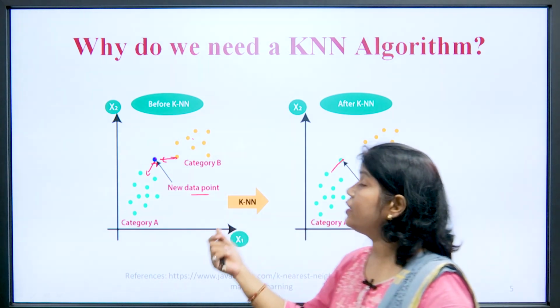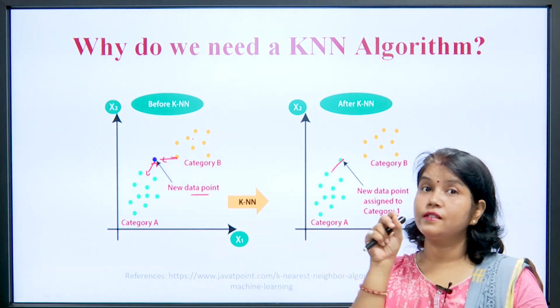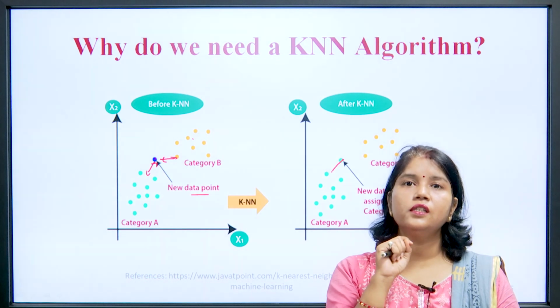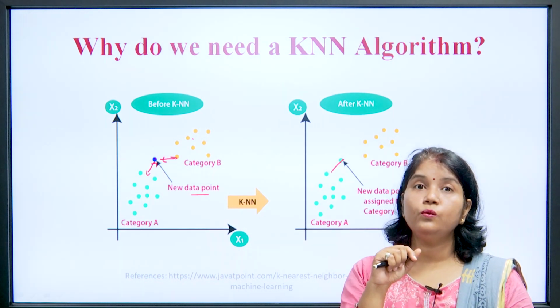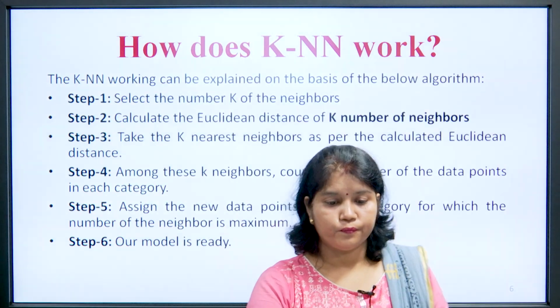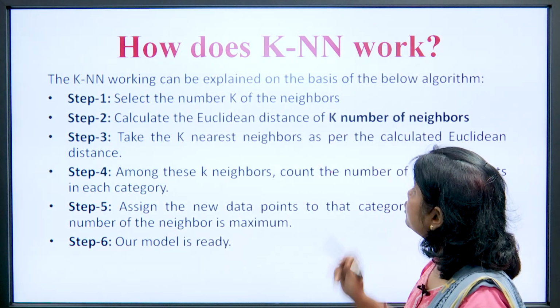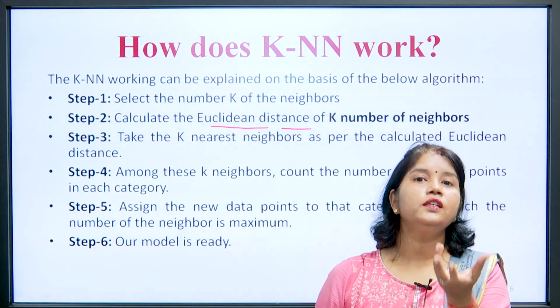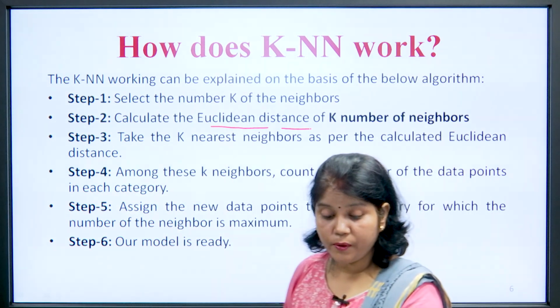So, for taking the decision in which category you will put your data set, you will find the distance. That distance is said to be the Euclidean distance. You have to find out the distance, and how will the distance be found?